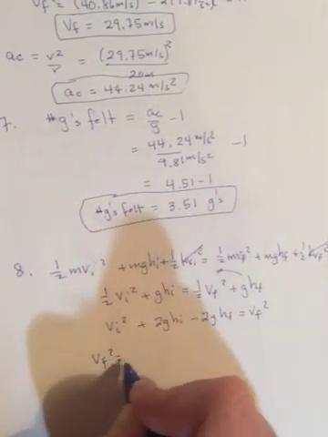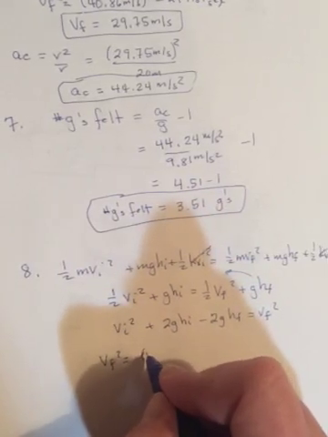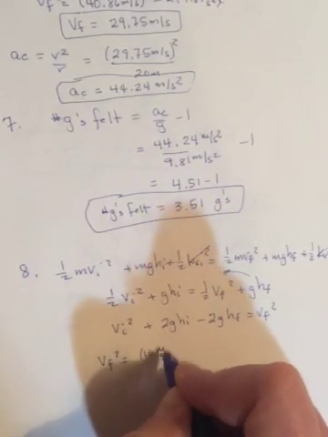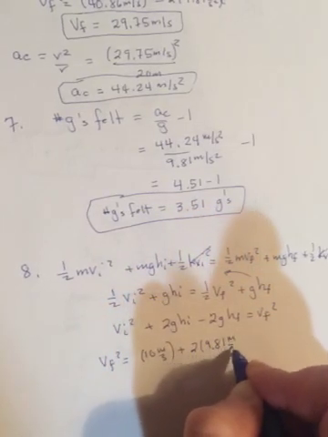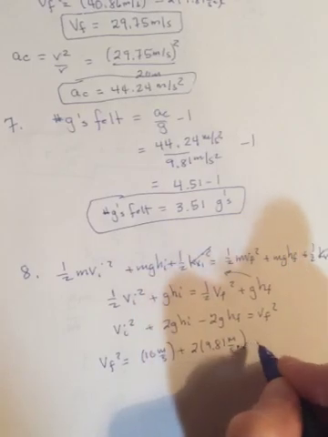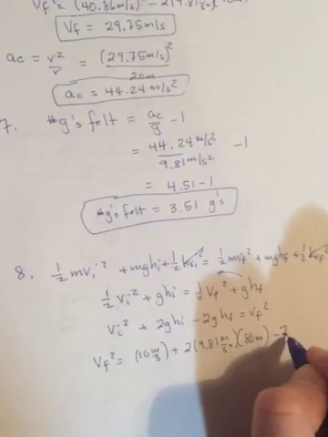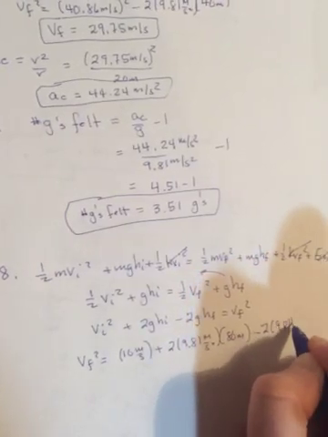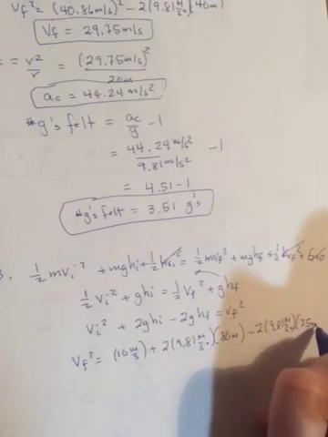So v final squared is equal to, the initial up there was 10 meters per second, squared, plus 2 times 9.81 meters per second squared times 80 meters, minus 2 times 9.81 meters per second squared, and it's 35 meters over here.